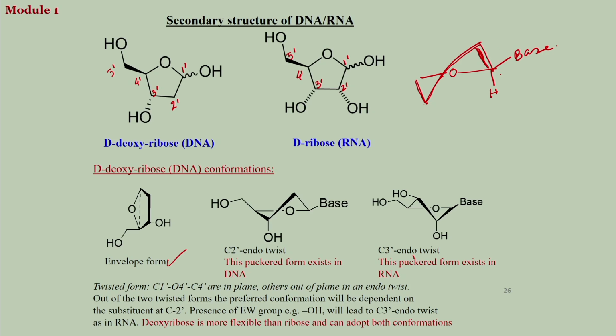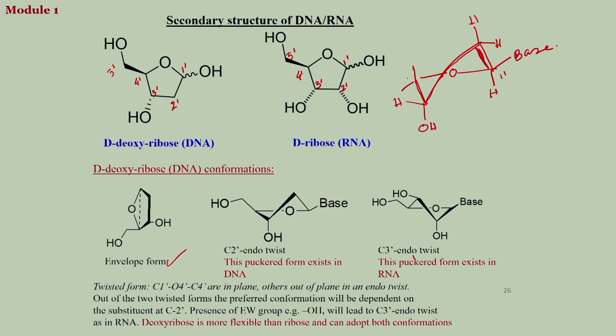This is the 2 prime, this is 1 prime. 2 prime position, there is no hydroxyl, both are H, axial is H, equatorial is H. 3 prime position, you have one hydroxyl group here, and that is down the plane. So, down the plane, this is down the plane, which is axial, equatorial is H. Now, CH2OH is of course up the plane.